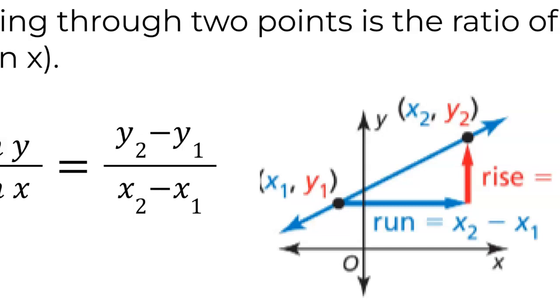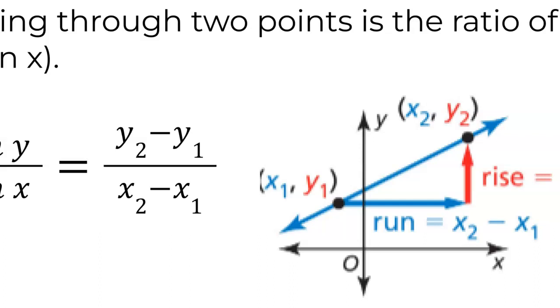I know your graph doesn't have the colors on it on your sheet, but here's our x1 and our y1, our first point, reading from left to right. Our x2 and our y2 is our second point. Our run is how far we go from this dot horizontally until we're underneath the other dot.